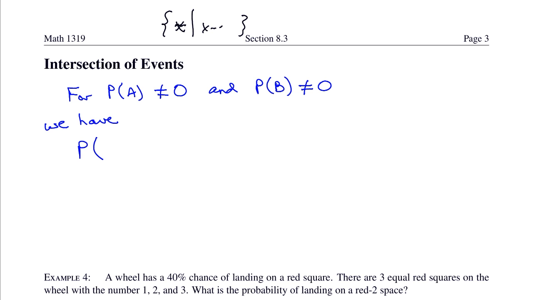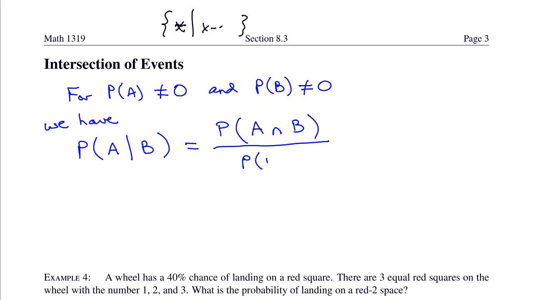The probability of A given B is equal to the probability of A intersect B divided by the probability of B. And this is our standard formula for conditional probability from yesterday.